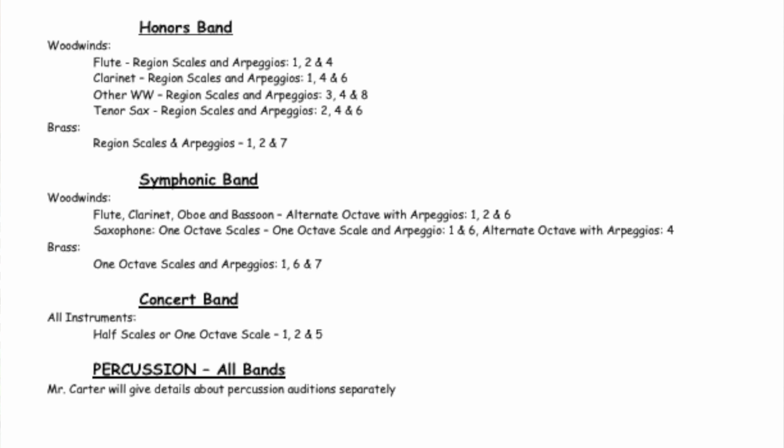If you're a clarinet player, you're going to play region scales 1, 4, and 6. And if you're any other woodwind player that I haven't mentioned yet, you're going to play scale 3, 4, and 8. Unless you're a tenor sax, then you're going to play scale 2, 4, and 6. If you're a brass player, you're going to play region scale 1, 2, and 7. Okay, you're just going to record yourself playing those and then submit it.